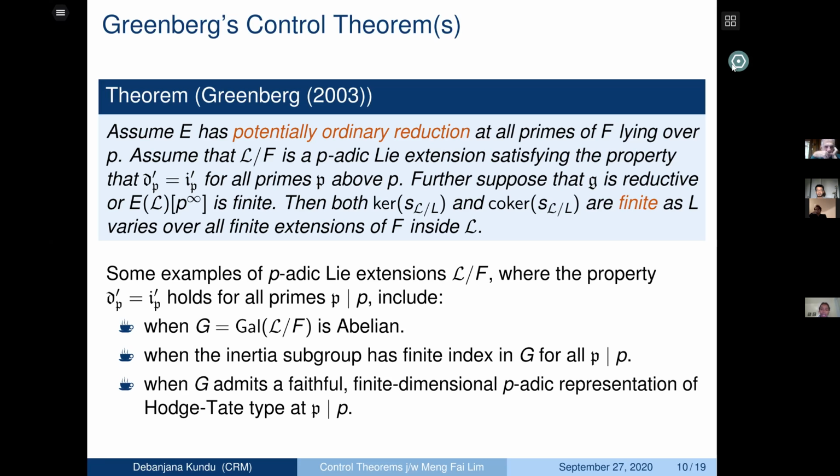And there's another condition that might look slightly technical, but it is a very naturally arising condition for towers that arise from geometry, so to say. But you have lots of examples where Greenberg's theorem holds.